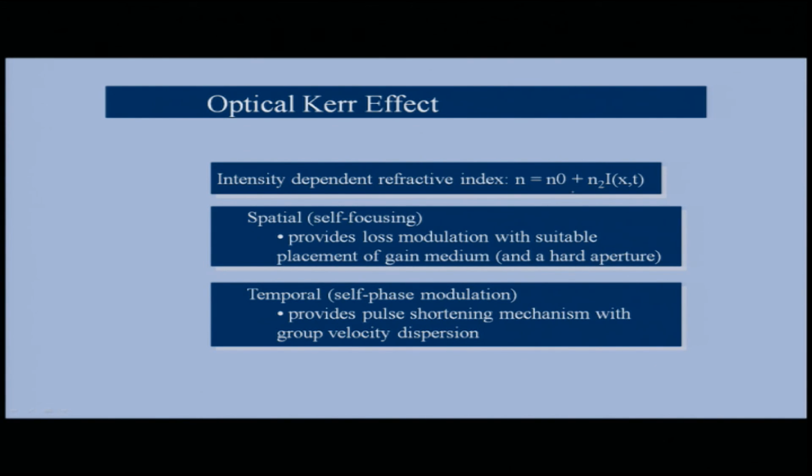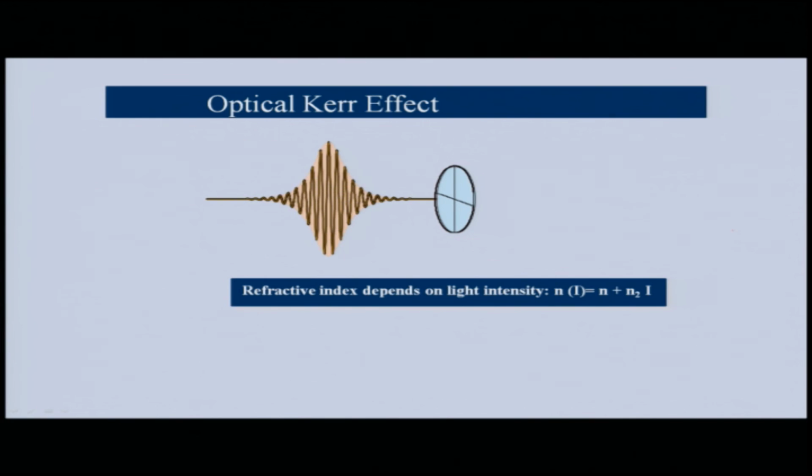The intensity dependent refractive index is the one which helps in this process. It creates a spatially self focusing condition as well as a temporally self focusing condition, which is due to pulse shortening due to group velocity dispersion, and this is the loss modulation with saturable placement of the gain medium and then a hard aperture, which is coming due to the intensity dependent refractive index.